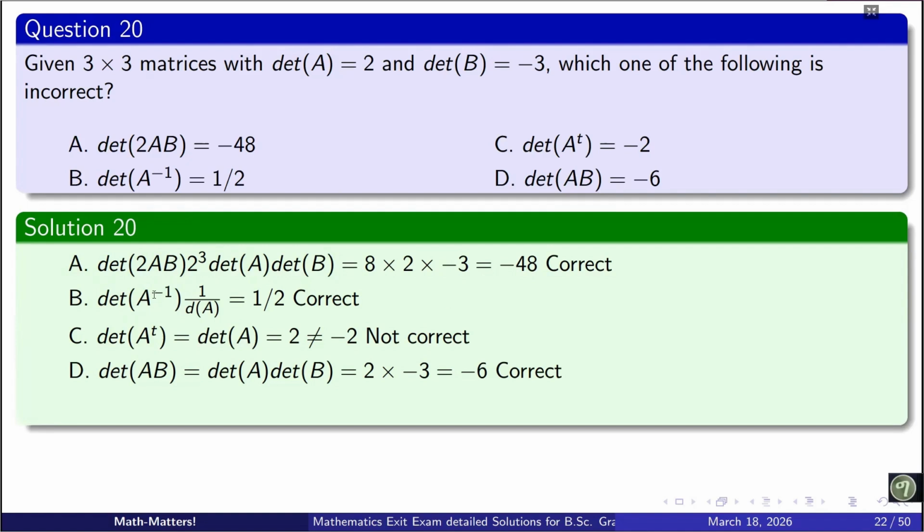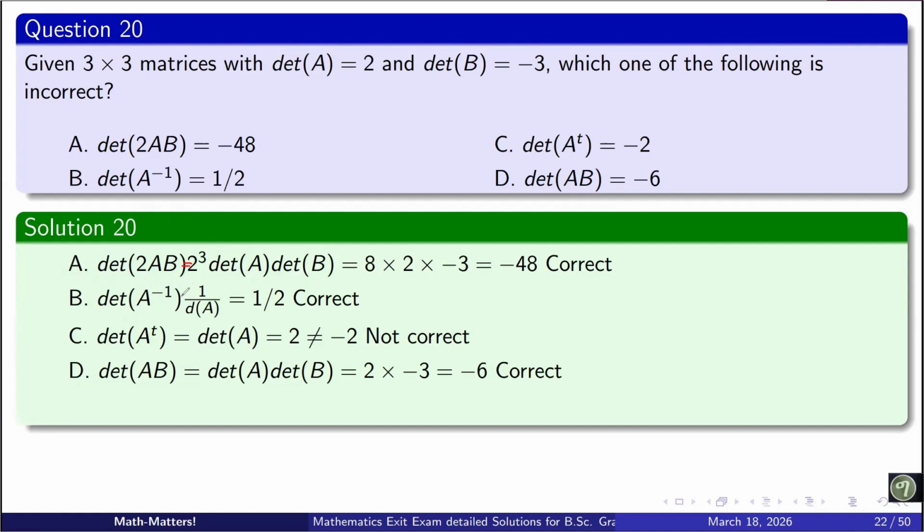B, the determinant of A inverse is equal to 1 over the determinant of A. Sorry, here we have to include the equality. Here we do have equals.